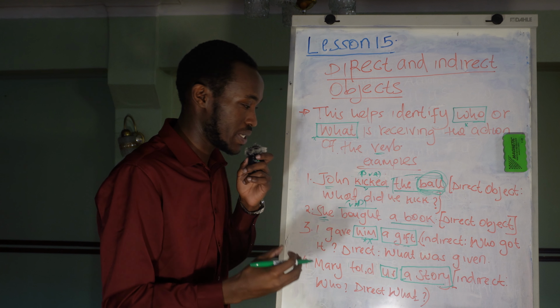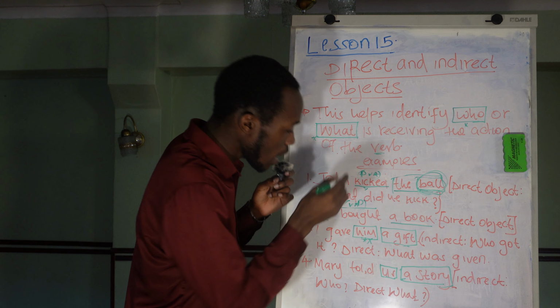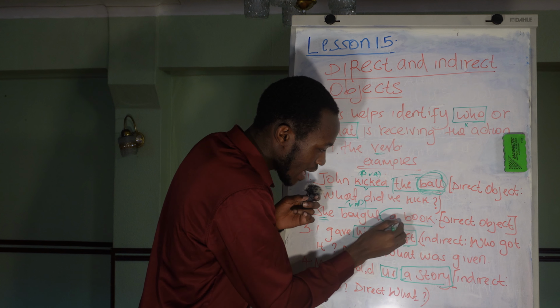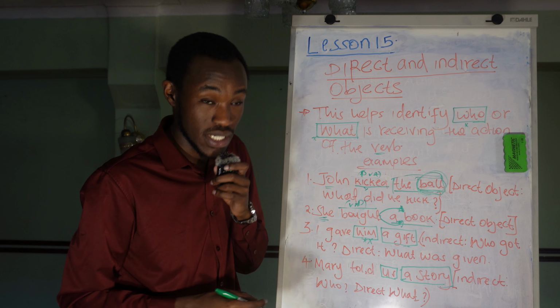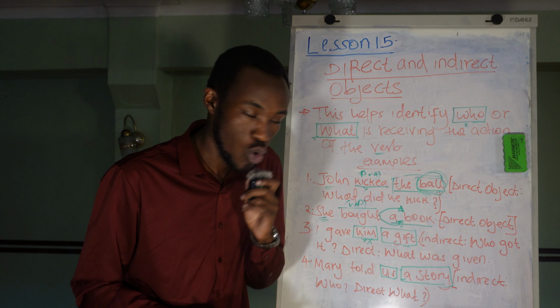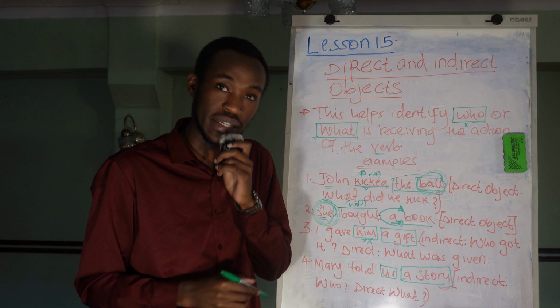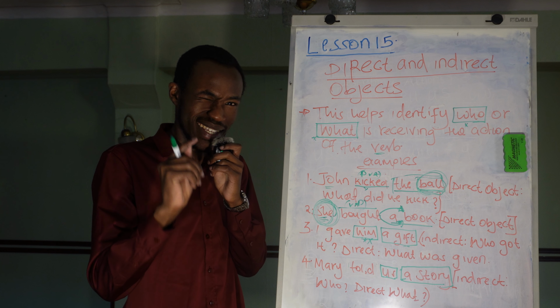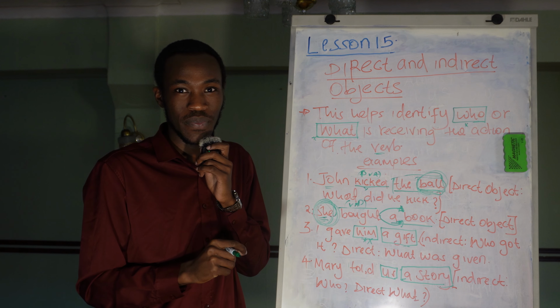So she bought. Now what was bought? A book. So a book faces the wrath of being done what? Bought. By who? By she. Who is she? The subject. Get these things clearly. You must understand them properly.